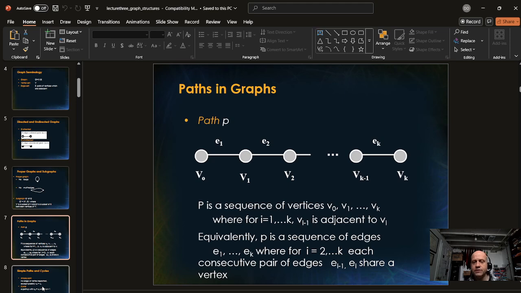Equivalently, P is a sequence of edges, E sub 1 all the way to E of K, where for each i of 2 through K, each consecutive pair of edges, E of i minus 1 and E of i, shares a vertex.